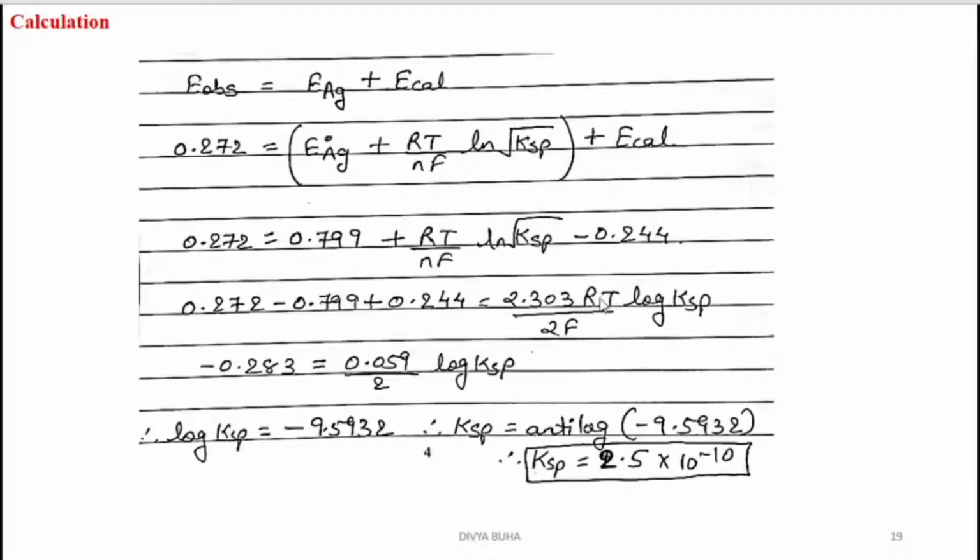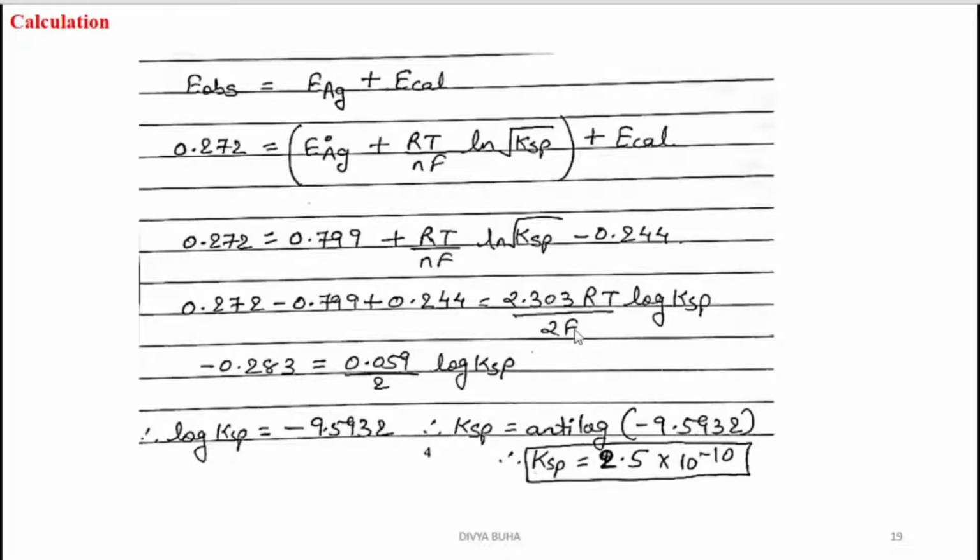Again, R is the gas constant that you have to take as 8.314. To convert from degree Celsius to Kelvin, you sum up 25 with 273, that would give 298. F is the Faraday constant, that would be 96500.